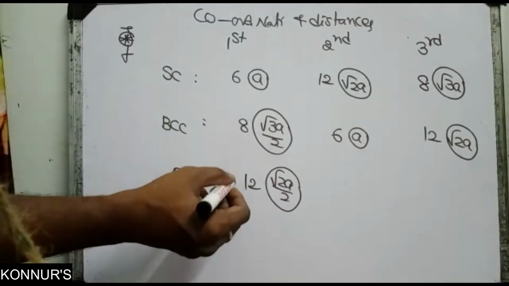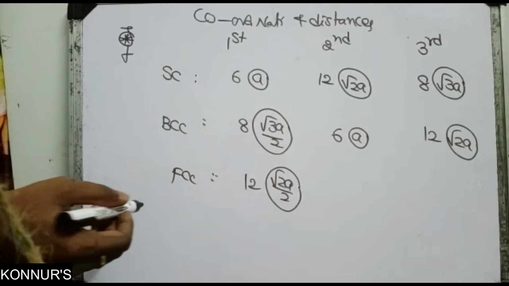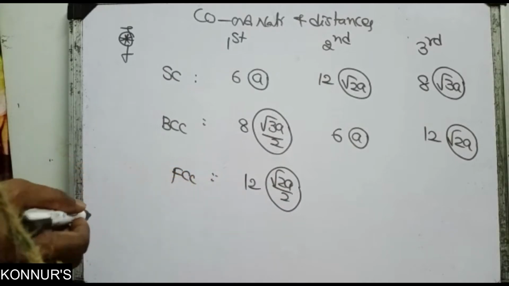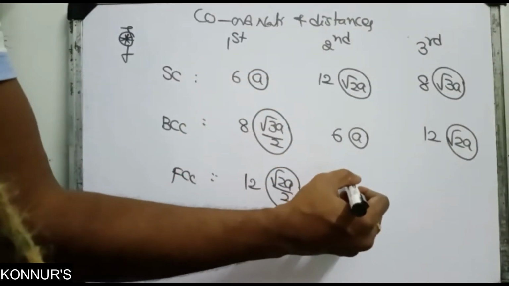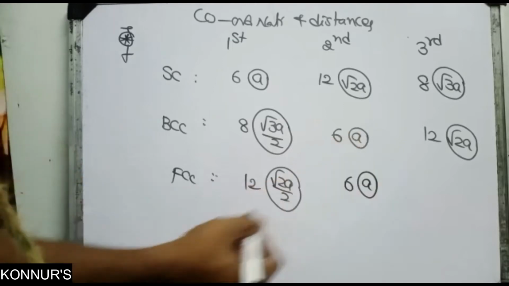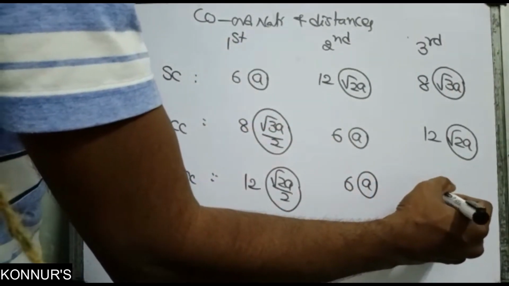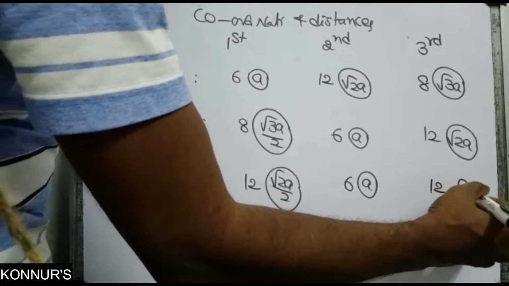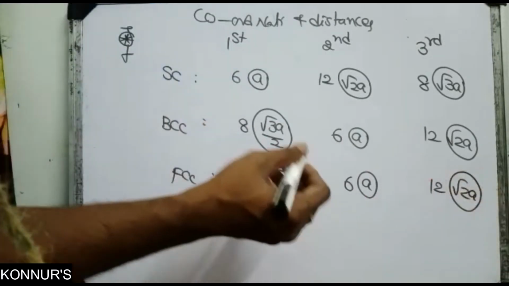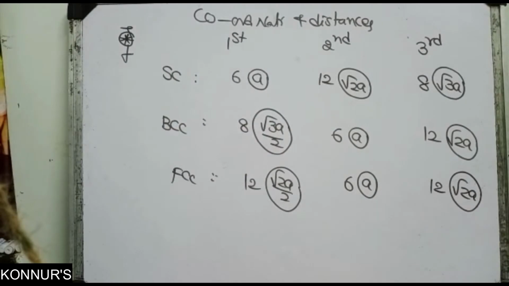Next, the second nearest is the corner only, which is also 6, at distance a. Next, the face diagonal points are 12, at distance root 2 a. So in NEET and JEE, they ask about the first, second, third coordination numbers and their distance values.